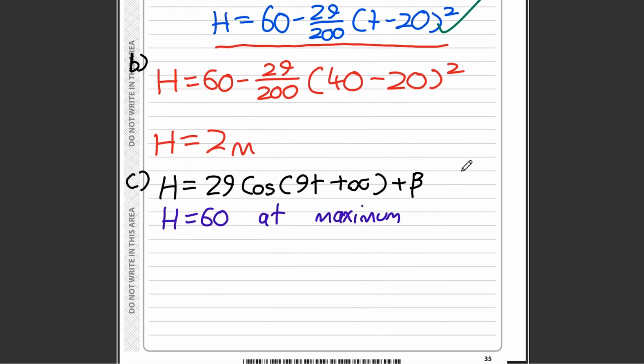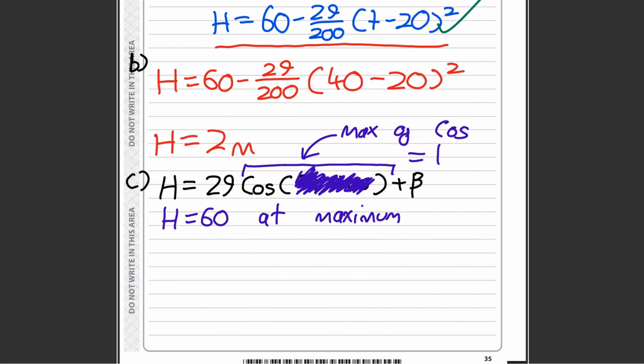Okay, well, as we talked about before with trig functions, this cos here, it doesn't matter what is inside the trigonometric function here, the maximum value that cos can have is 1. Again, it doesn't matter what is inside the trigonometric function here. The biggest value that cos can have, if you look at a cos graph, is 1.